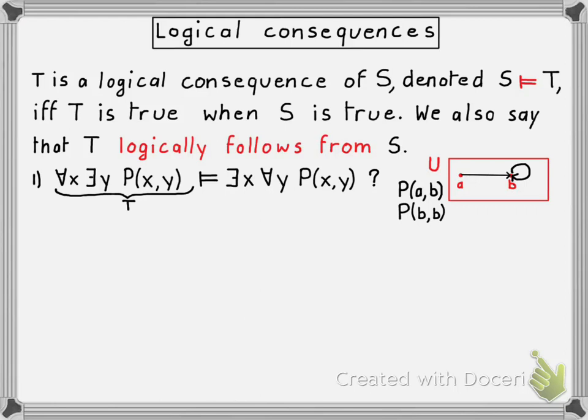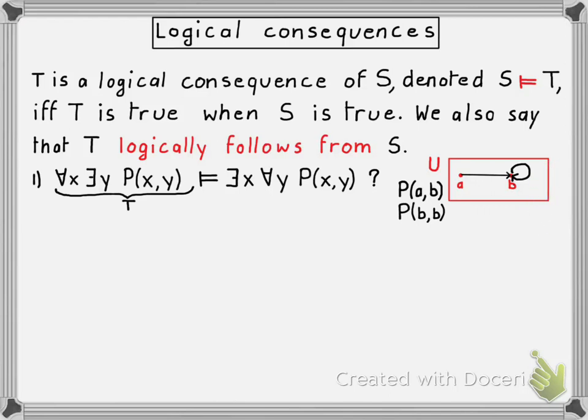Now, how about the second proposition? It says there exists an X, so there exists one element in the universe, for which P of xy is true for every element in the universe. So graphically that means, is there an element in this universe that has arrows connecting it to every element in the universe?